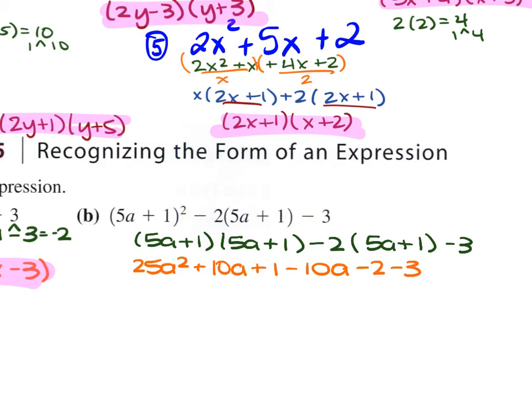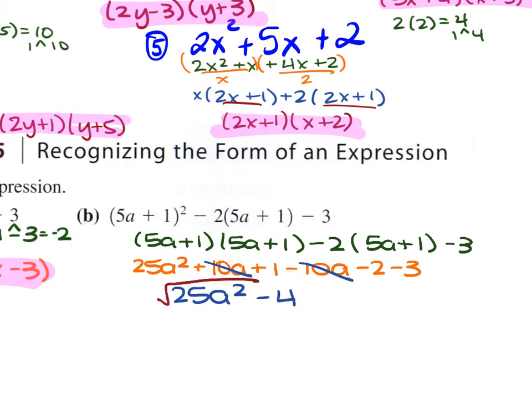So I just FOILed the first two, distributed the negative 2 into the last set of parentheses. From here I can combine my like terms. My 10a and my negative 10a will cancel. Negative 2 minus 3 gives us negative 5, plus 1 is negative 4. So that's 25a squared minus 4.